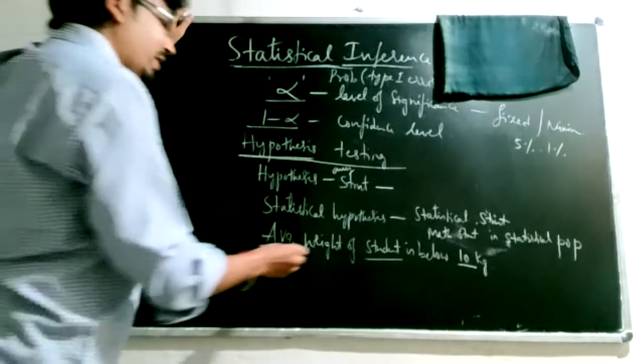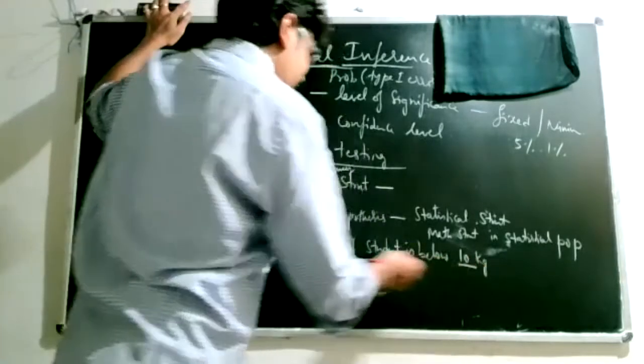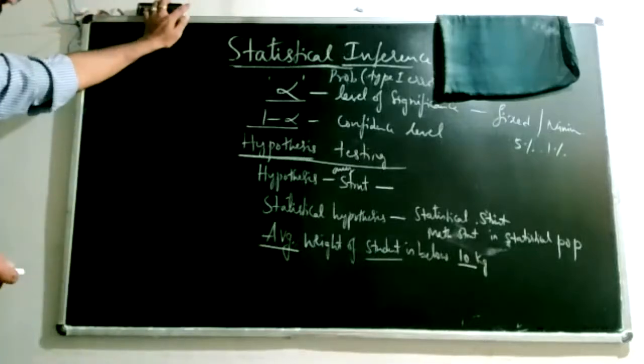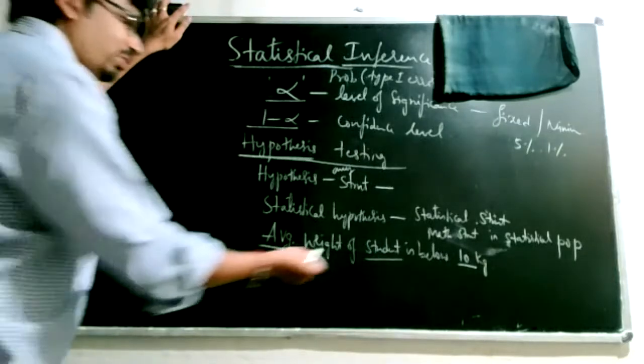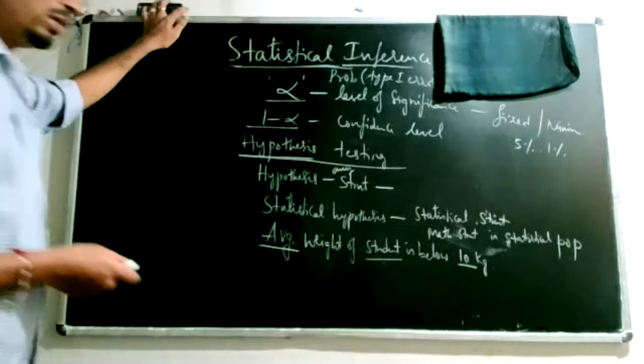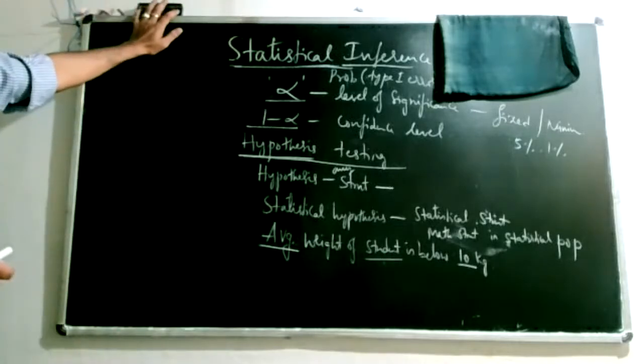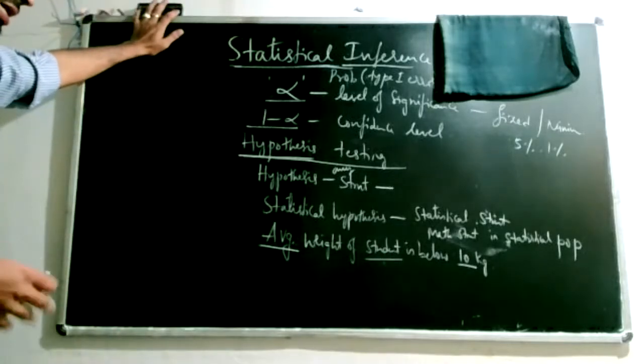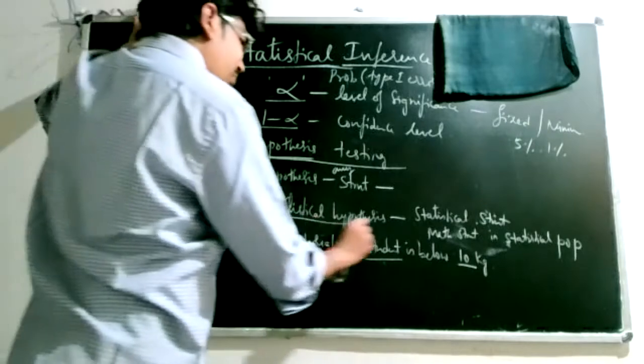So here, my concern is I have to prove that the average weight of a student is below 10 kg. I'm talking about a particular set of students who are just starting their schooling, etc. So that is what our hypothesis is.